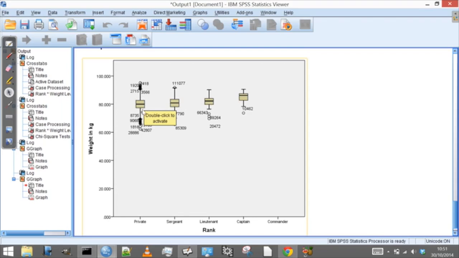And then, depending exactly how a box plot is constructed, which is worth having a look at, in fact, even on Wikipedia, there's a reasonable description. But it tells you there's some variation in those numbers, that uncertainty. There's variation in the weight of each rank. But the thing that we really want to look at is comparing these median values, or just comparing the general trends, if there are any.